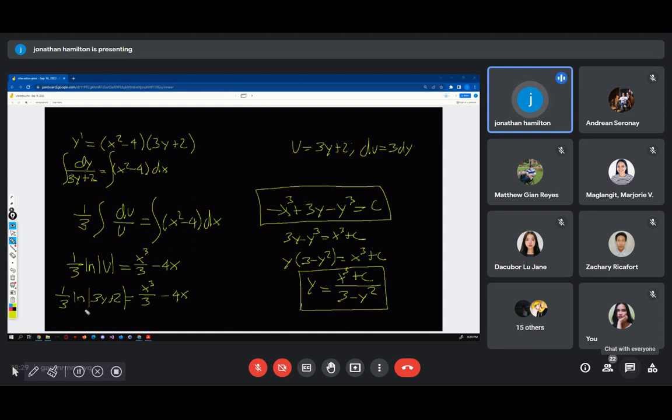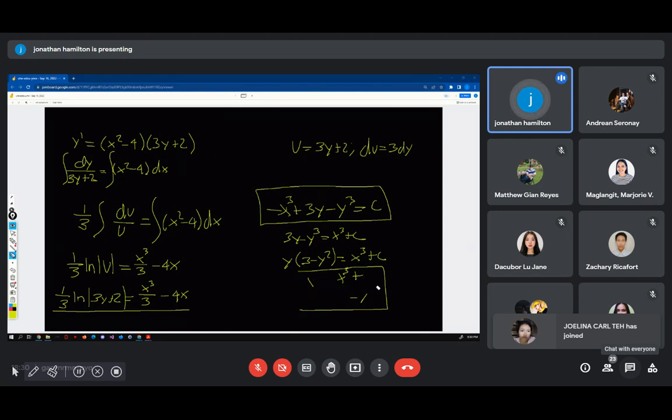So for example, sa aning na integrate nato, natay ln 3y plus 2 and then natay x cubed minus 4x. So we can try and simplify this by simplifying the terms and then making it into y equals a certain equation. So again, there are two ways. Whatever is mas dali sa inyo. Pero if ever pwede ninyo ma-simplify ang equation, it's best na ma-simplify ninyo.